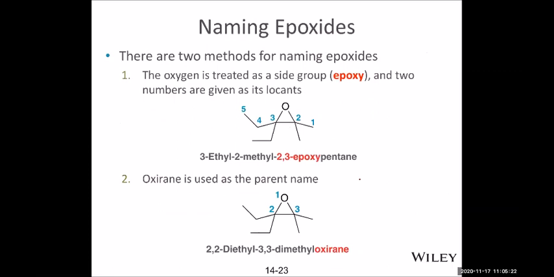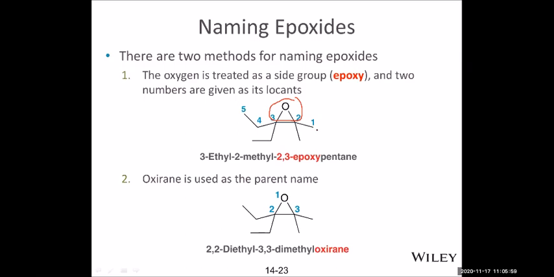For epoxide naming, there are 2 ways to name the epoxide. We either name this oxygen as a group, okay, treat it as a group. We just need to locate which carbon has this group. And it'll be similar to how we name other compounds. We find the longest chain and give the substituents as low numbers as possible, and so forth.